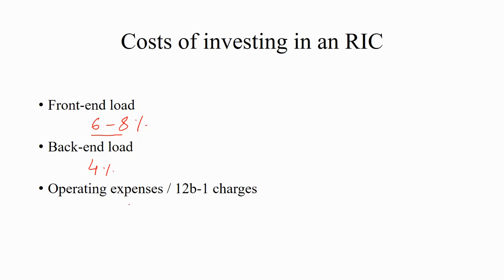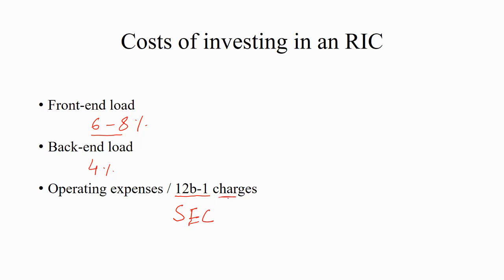And operating expenses, these relate to the administrative and advisory services which the professional manager provides to the investors. So they charge for these kinds of services. And there is also one other charge which we call the 12B1 charge, which refers to one of the rules of the SEC, Securities and Exchange Commission.